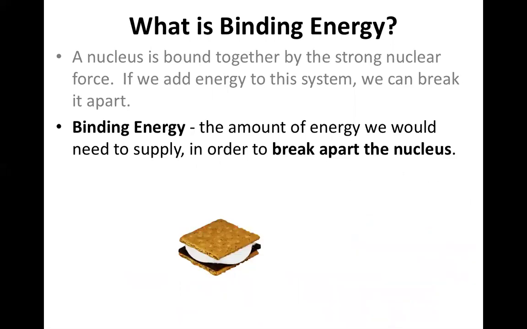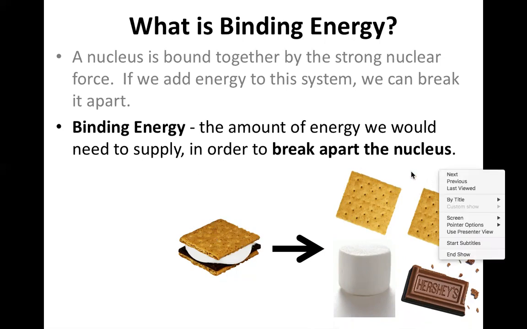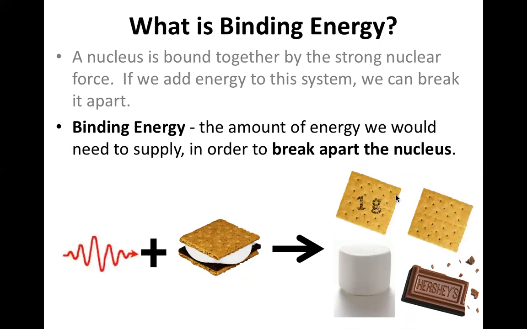So let's say you have a s'more. If we decomposed that s'more into its components, like if it fell apart, maybe the marshmallow was not very melted and it fell apart into the graham crackers, marshmallow, and chocolate. This is not the way a real s'more would behave, but we have individual masses of the components that don't add up to the s'more when it's all together.